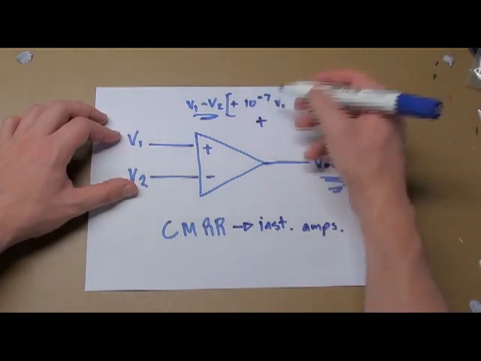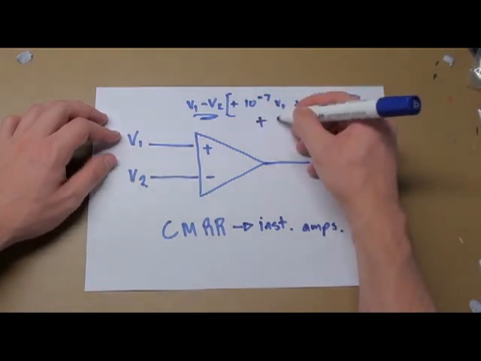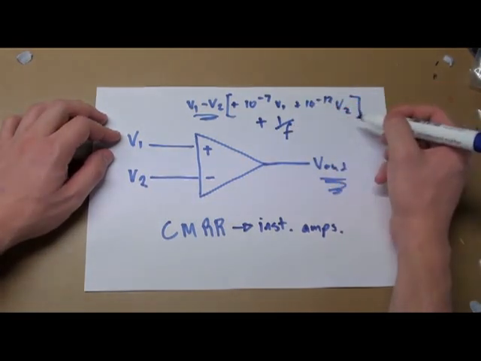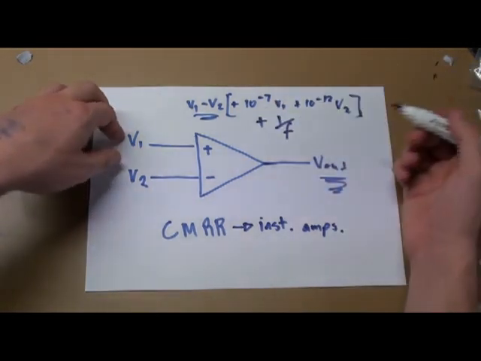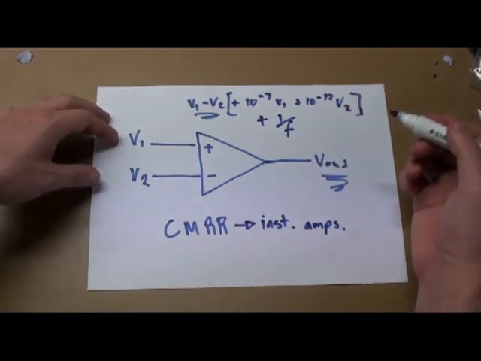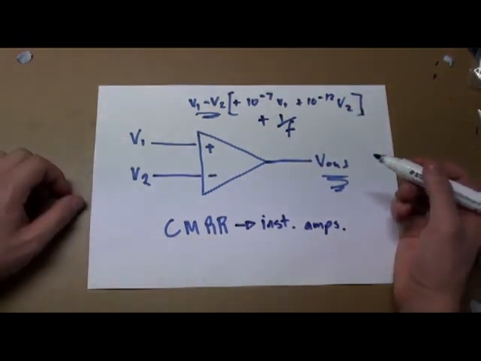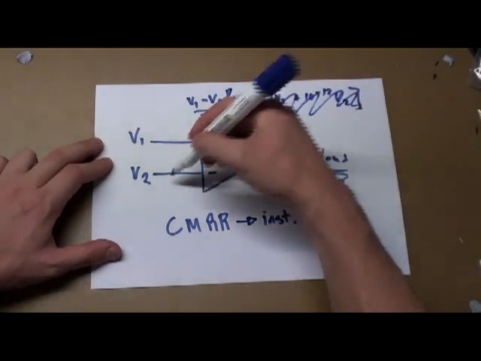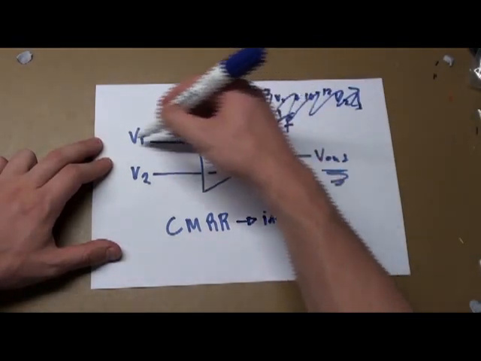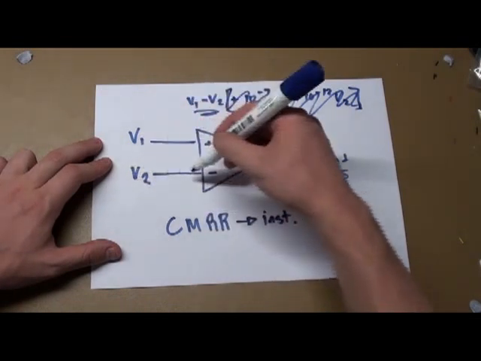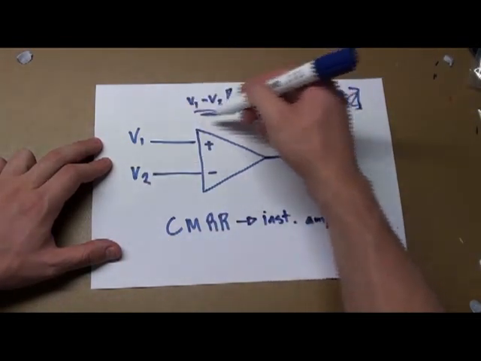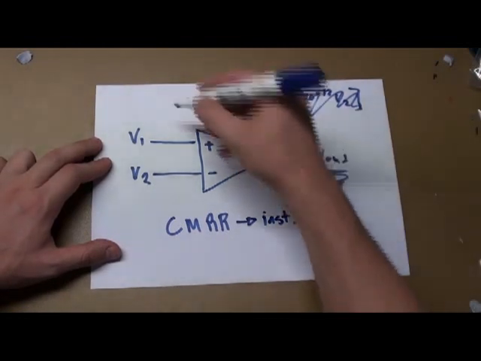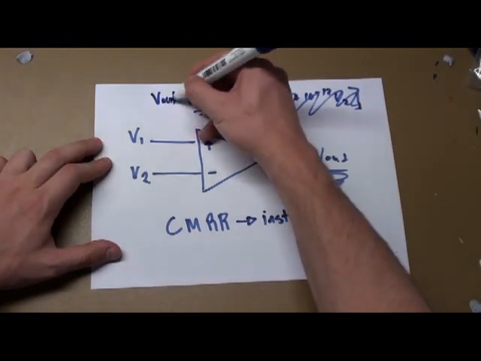There'll also be noise, thermal noise, and noise induced from TV signals and all that other rubbish. But if we have a high enough common mode rejection ratio, and this side has as much noise as the other, then it will hopefully get subtracted out pretty well, and we'll get our V out.